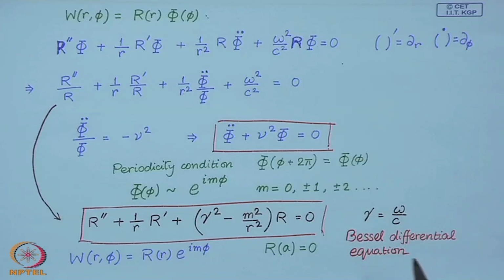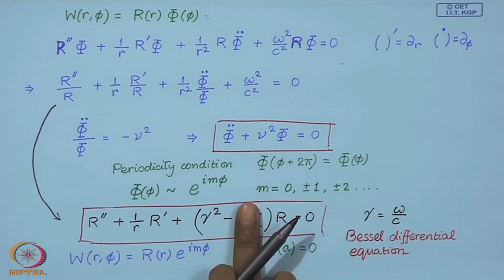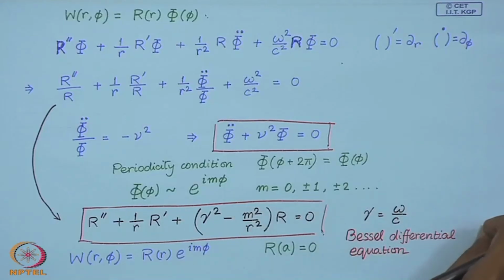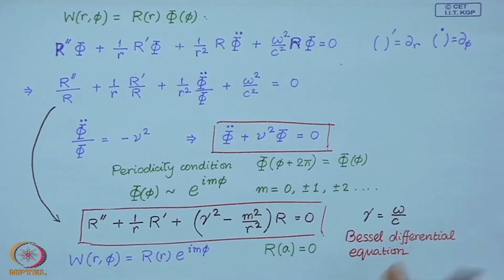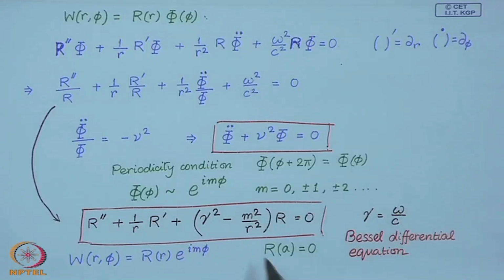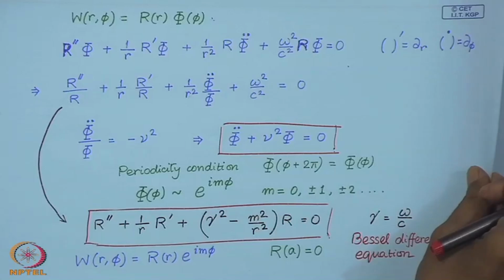If you recall, there also we had the Bessel differential equation, except that this term was 0. So, we can draw an analogy from the hanging string, and you can understand why only this one boundary condition will suffice. The other condition comes from the finiteness of the solution. So, let us see what is the solution of the Bessel differential equation.